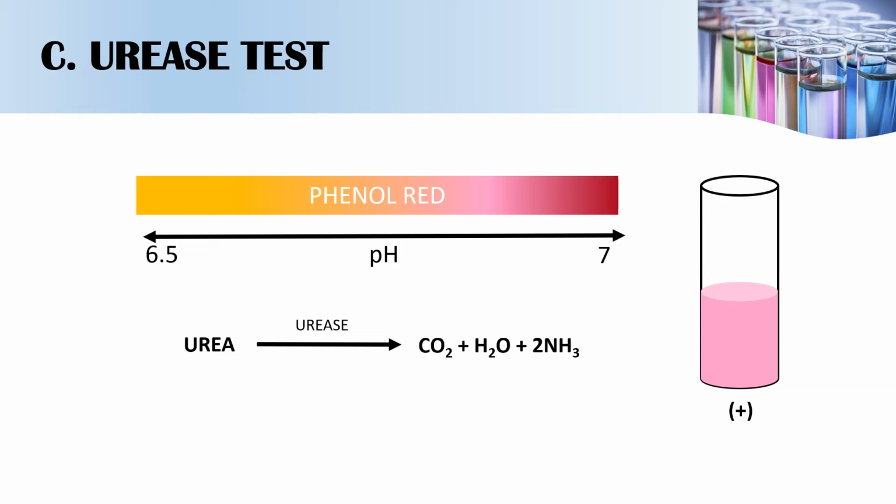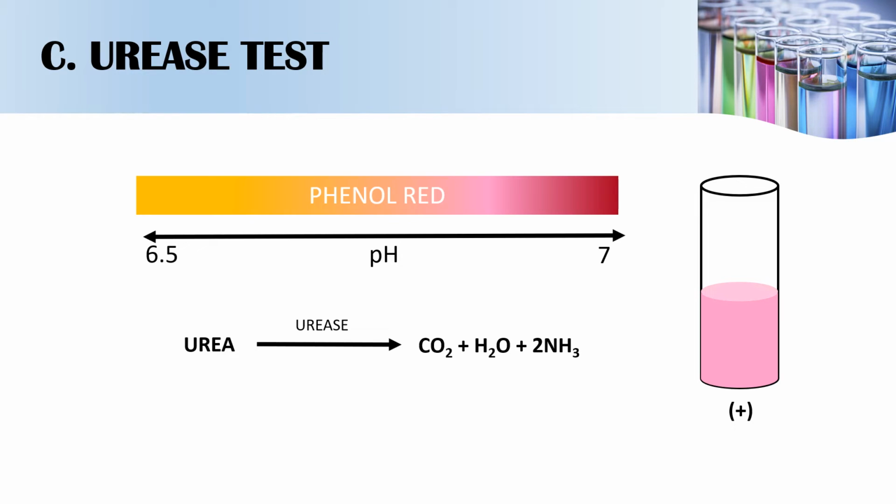So the urease test is used to distinguish members of Proteus from other non-lactose fermenting enteric bacteria like Salmonella and Shigella. Urease activity is detected by growing bacteria in a medium containing urea and using a pH indicator such as phenol red.